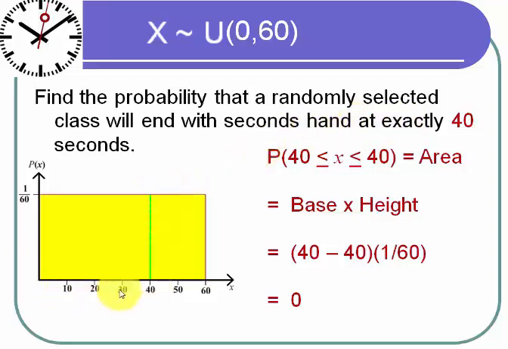But there's an infinite number of possibilities between 0 and 60 seconds. So 1 over infinity is kind of a weird thing, and you may not have thought about it before, but when you get into calculus, you realize that 1 over infinity goes to 0. So it's a weird idea, but it really is true that the probability that the second hand will be exactly 40 is 0, even though it can happen.